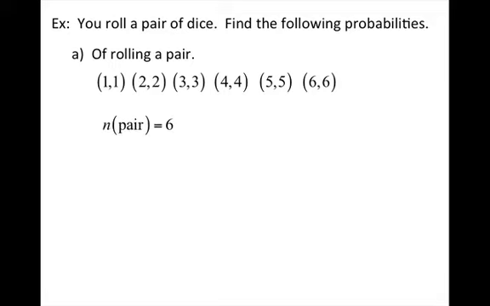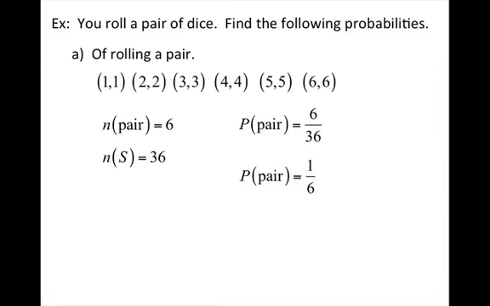So there's 6 ways to roll a pair. The number in the sample space was 36, so the probability is 6 out of 36. If I reduce that, the probability for rolling a pair is 1/6.